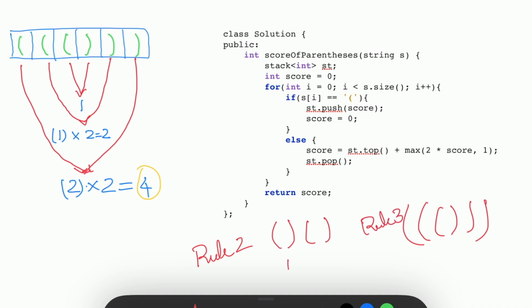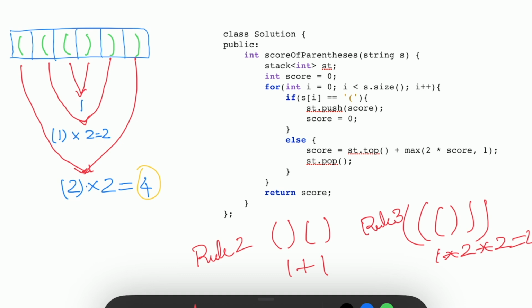Rule 2 is addition and rule 3 is nested parenthesis, so multiplication, so 1 multiplied with 2 multiplied with 2, which is 4. So we need to take care of these two rules while developing the else condition.